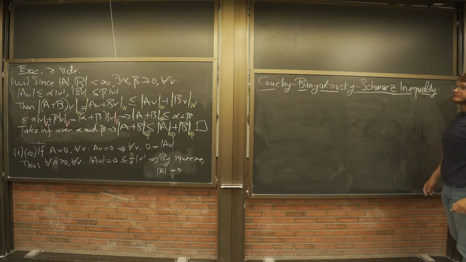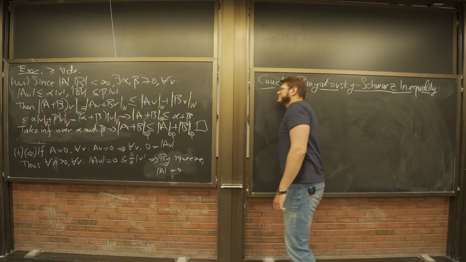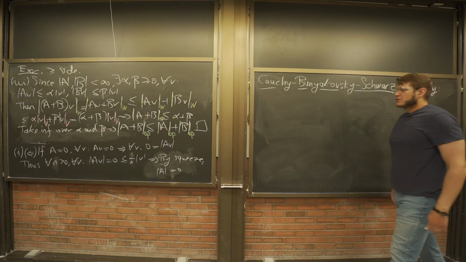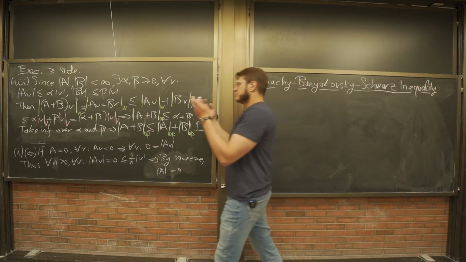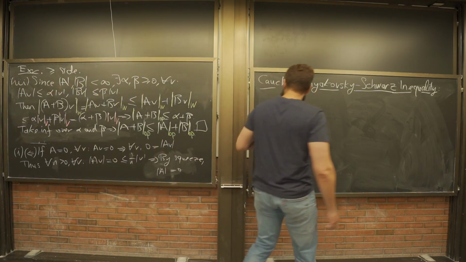This is very important, perhaps more important than operator norms, at least for this class, not in general probably. But if I have an inner product space, I want to upper bound the inner product of two vectors by something.